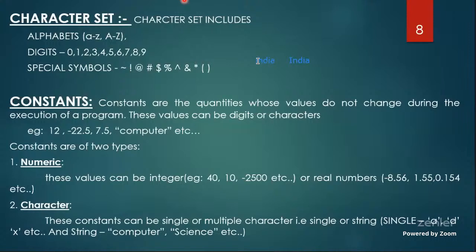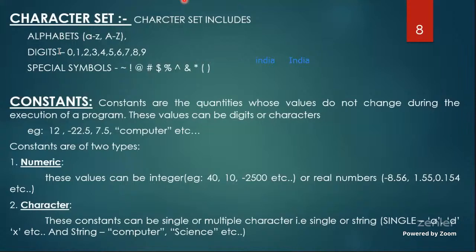Why? Because here we have taken only small letters, and here the first letter of the word is a capital letter. So we consider these two things very differently. Alphabets include A to Z, small letters and capital letters, uppercase and lowercase.